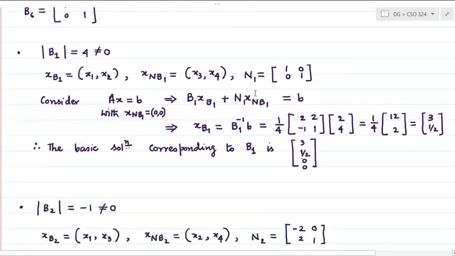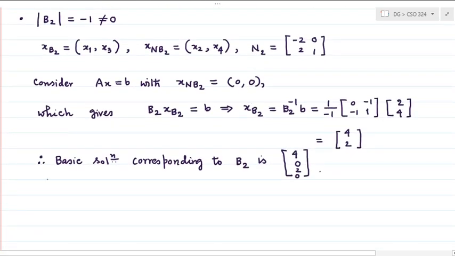Fine. Now here I am not going for calculating all of the others. I am just giving you the solutions, the basic solutions corresponding to B3, B4, B5 and B6. You please verify all of them. Corresponding to B3, the basic solution is.